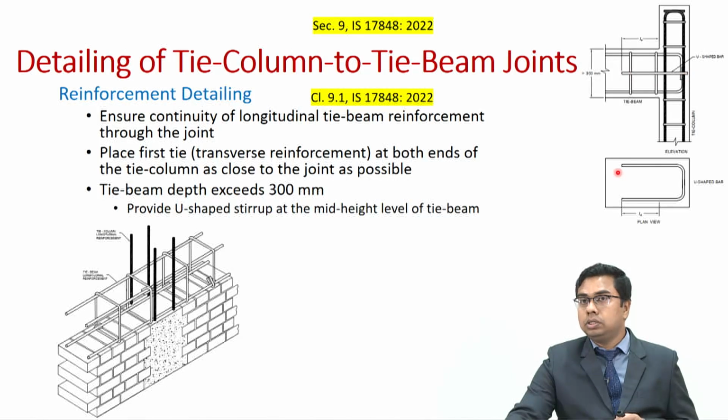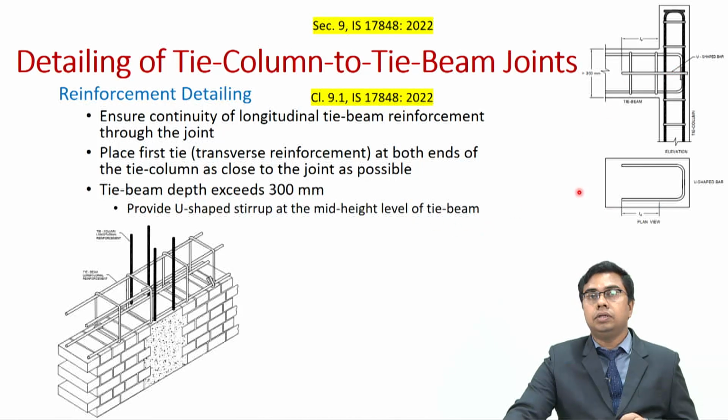So, this U-shaped stirrup helps us provide enough torsional rigidity to the beam which has a lower torsional rigidity. Why? Because the width is still equal to the thickness of the wall, but the depth is 300 millimeters. So, that is why we provide this U-shaped stirrup at the mid height level of the tie beam as shown over here.